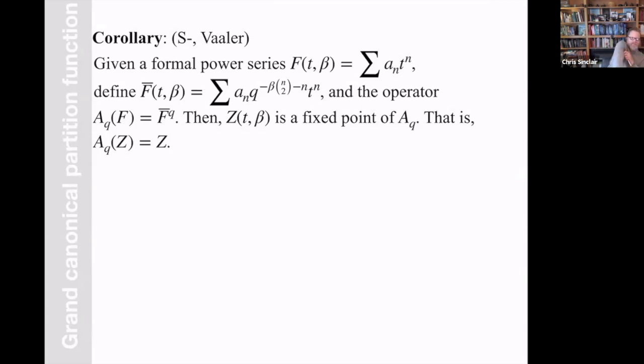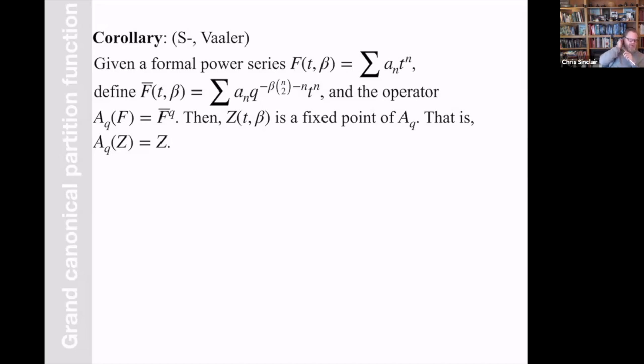That was exactly the term that kind of popped out of the integral when I pushed down the domain, right? So if I have an f and an f bar, then I can define an operator on the set of formal power series just by taking f bar to the q, right? You give me a power series, I can make a new power series in this way, right?